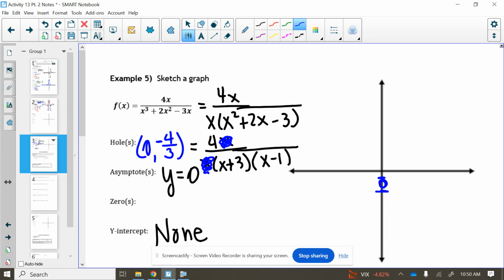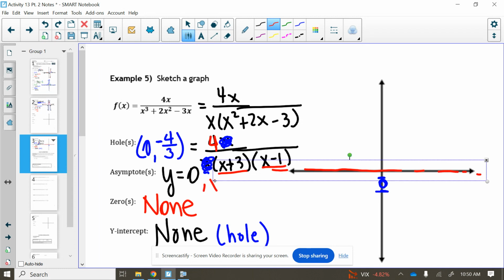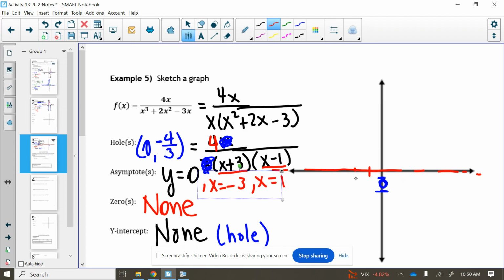So there's a hole right here on the y-intercept, which also makes sense why we didn't have a y-intercept, because it was a hole. And then we have nothing other than 4 left to set equal to 0 in the numerator. We do, however, have two vertical asymptotes, one at x equals negative 3, one at x equals positive 1.